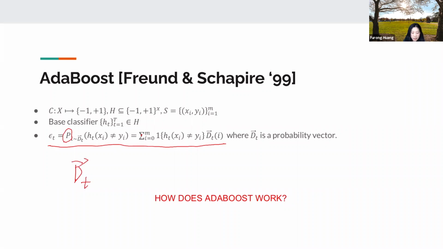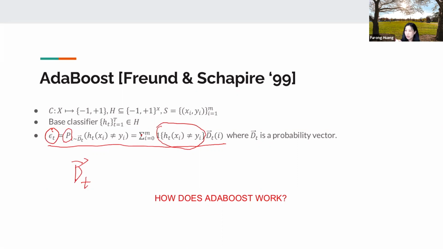So what is dt? dt is a probability vector. You can imagine this is like a weight you put on each of these M examples in your sample. So when you calculate the epsilon t, it's essentially like this indicator function, this 0, 1 error, weighted by the dti, the ith element of the dt. So each element of the dt is denoting how much weight you put on that example. It's like an empirical distribution on your training examples.